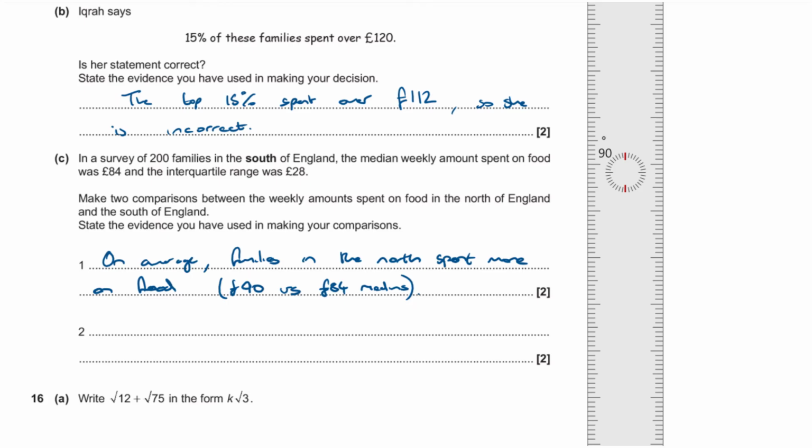Then the interquartile ranges. Okay, so it's a much smaller value for the south, which means that they are much more similar to each other than the north.